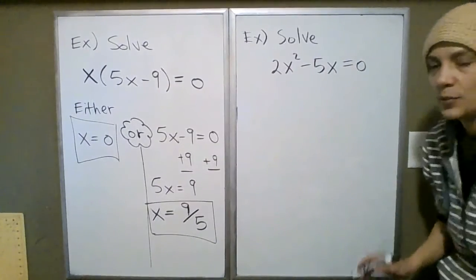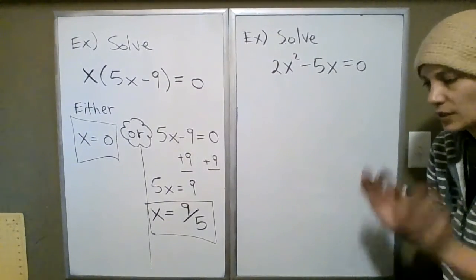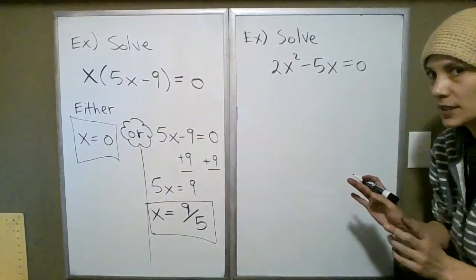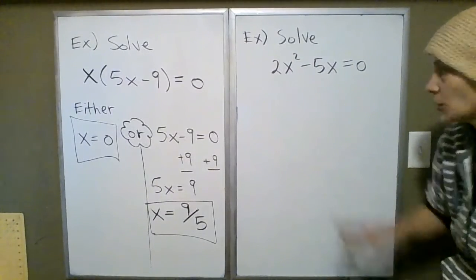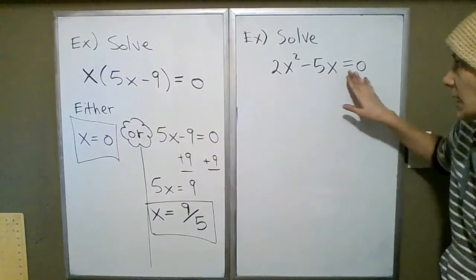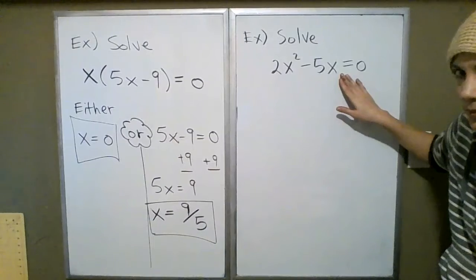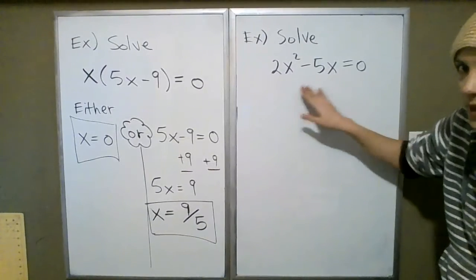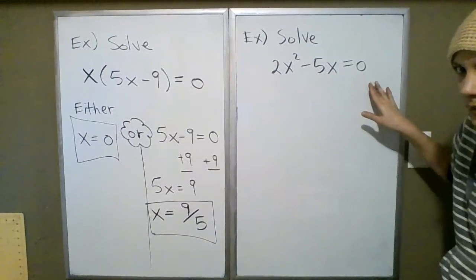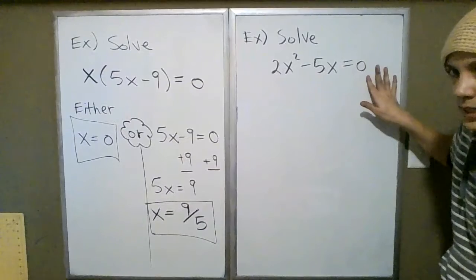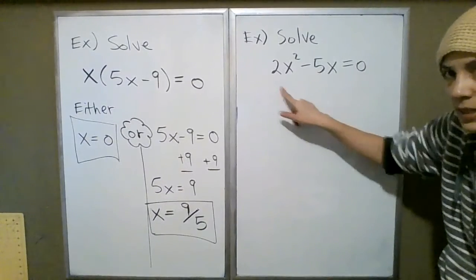The reason why I brought up this property is because we want to solve equations using factoring. So first get your equation equal to 0, because that's part of the property: you have to have a number times a number equals 0. So that part's good. Set equal to 0, and on this side, we'll factor.